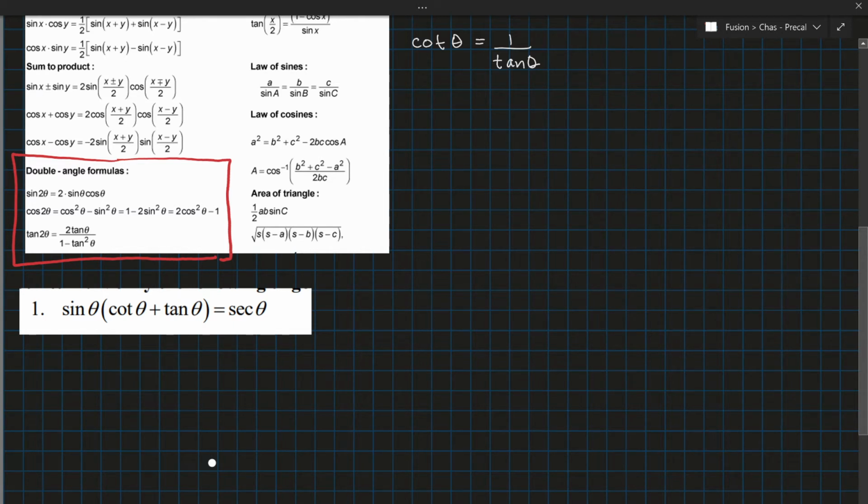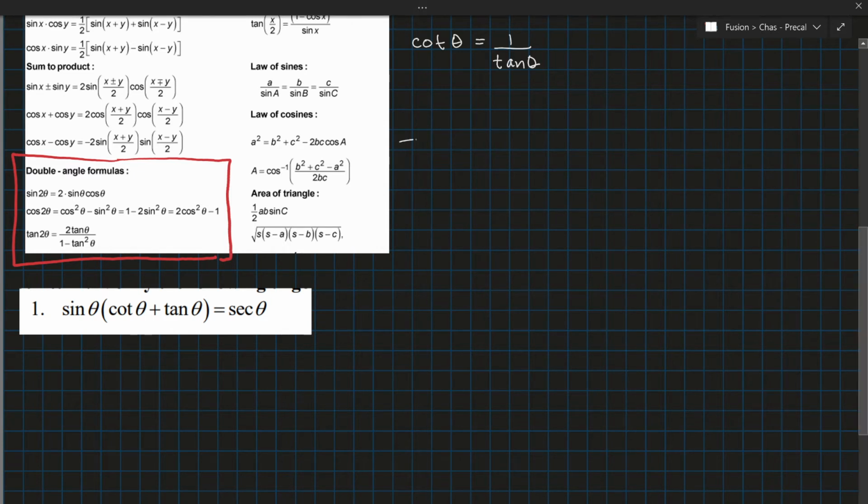My point is, the strategy when you're doing these types of problems is to focus on one side and manipulate it until it equals the other side. So don't mess with the secant. In other words, focus on the more complex side and then use the identities.